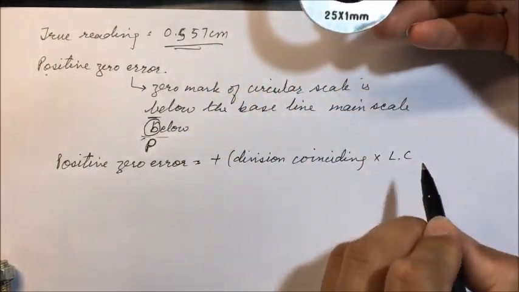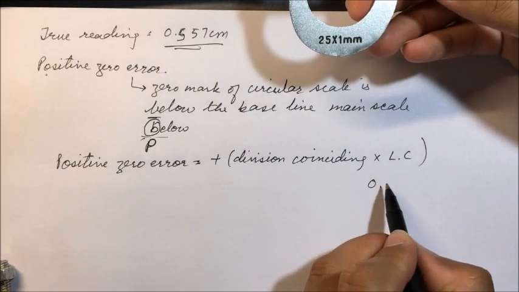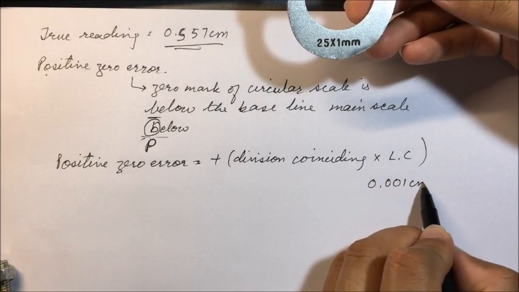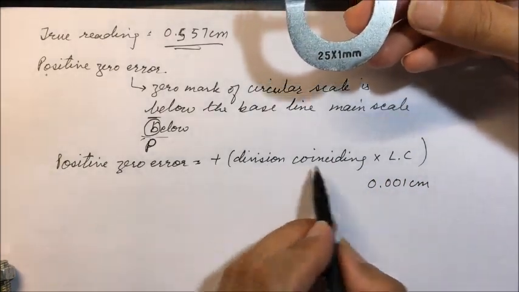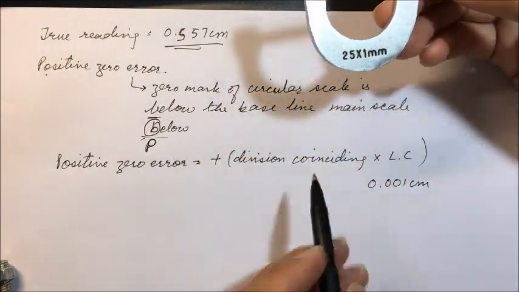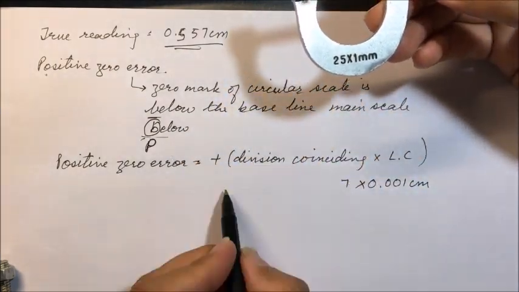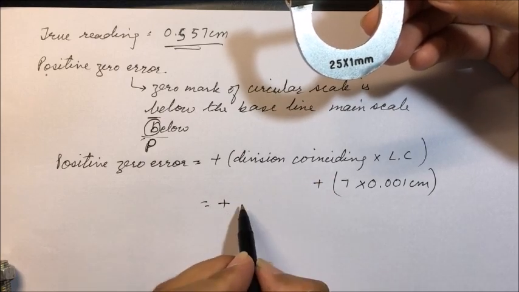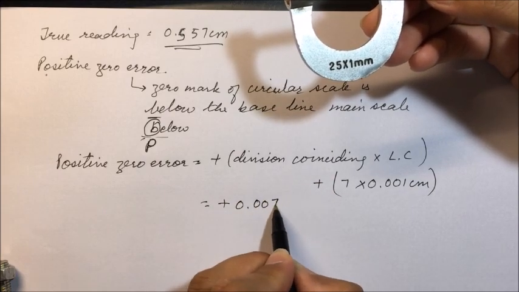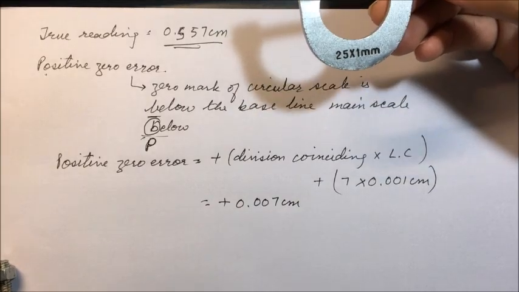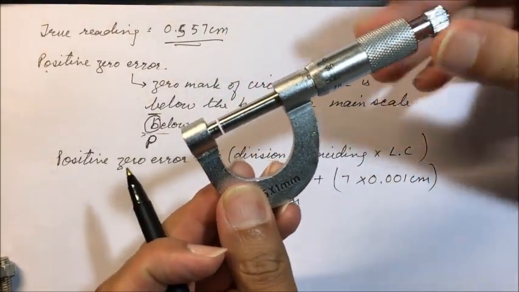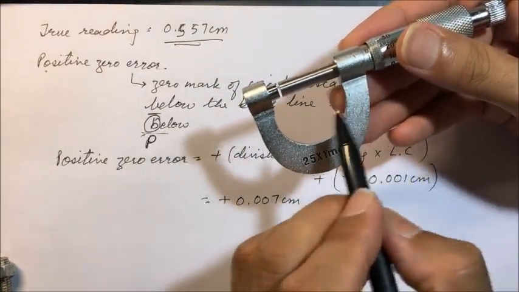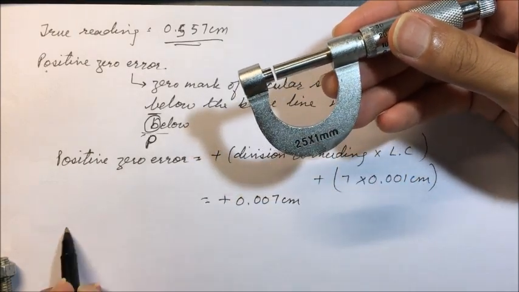Into least count. The least count we have already calculated as 0.001 centimeter. Now the division coinciding is the 7th division, so 7 into 0.001, plus 0.007 centimeter.